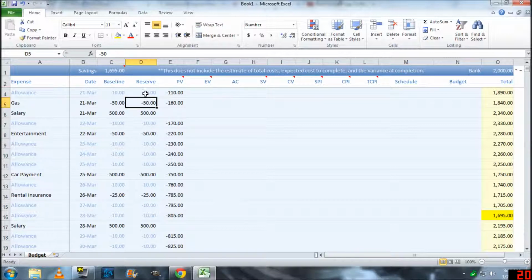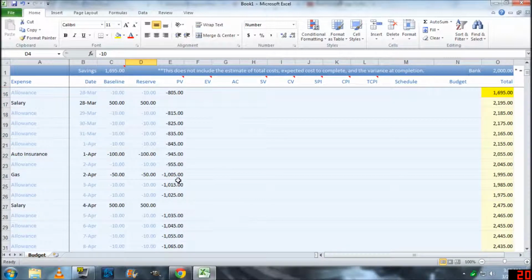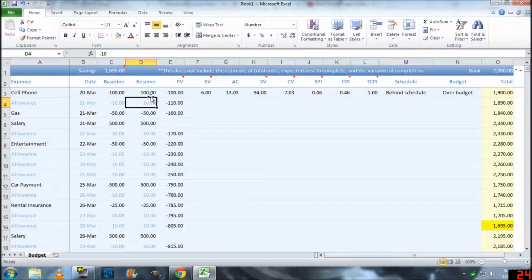On this one, I didn't because this is my allowance, so whatever my baseline is, that's my reserve. But there are times that you want to add 10%, like if there's a variance or a variable cost, like the utilities, you don't know how much it's going to cost. So you might want to add 10% on your planned value. But in this example, the planned value is my baseline plus whatever reserve I had.